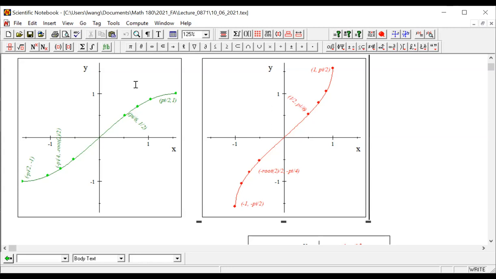The green is the restricted sine, or the one-to-one version of the sine. Those are pretty good names. And the other one is its inverse, g inverse.